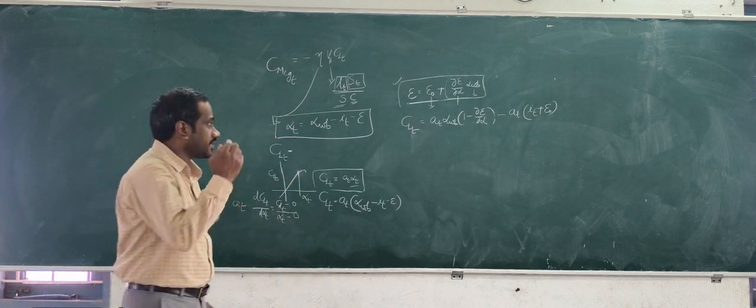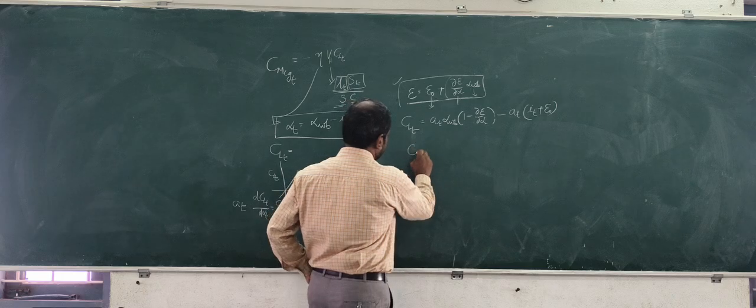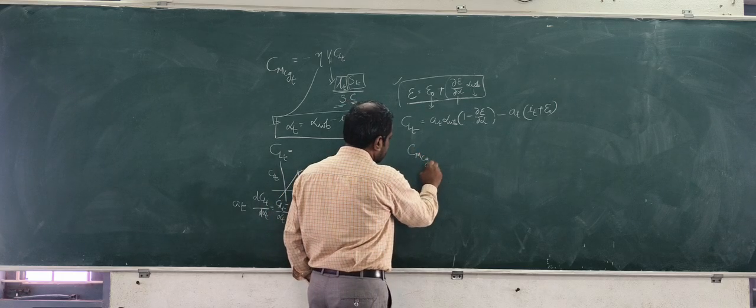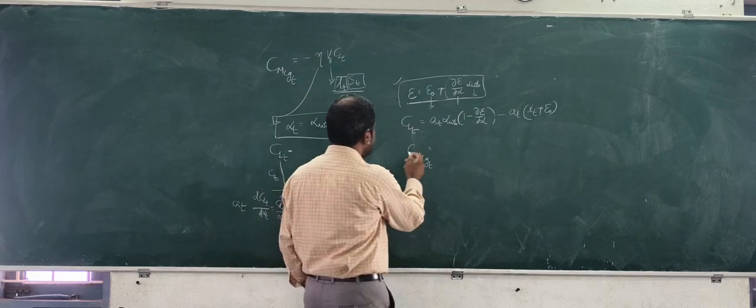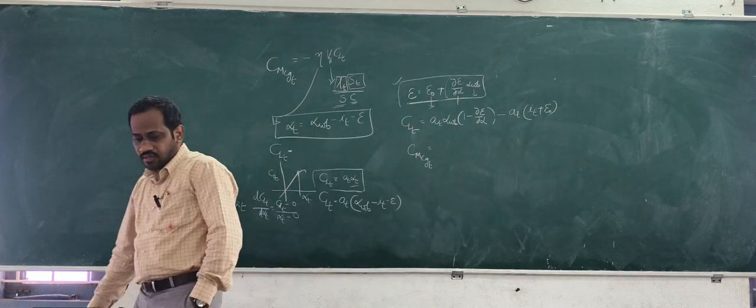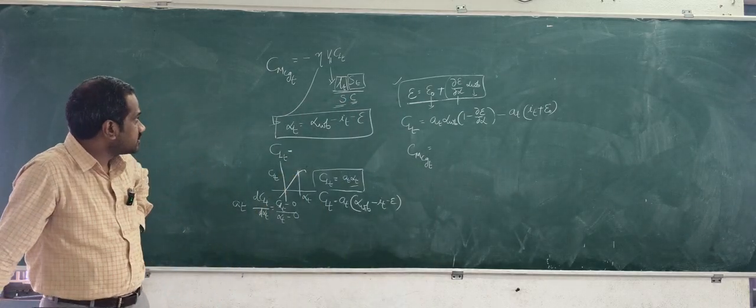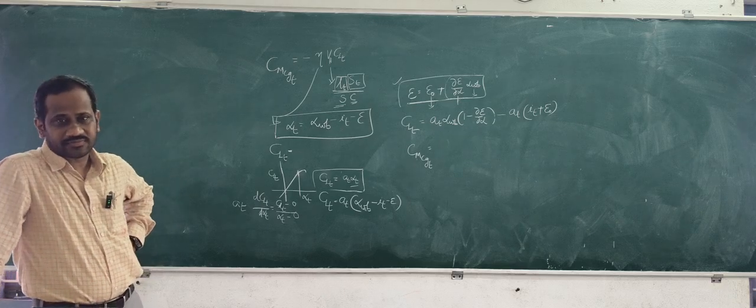Now write CMCGT. CMCGT is equal to, please write CMCGT. All of you please involve and write.